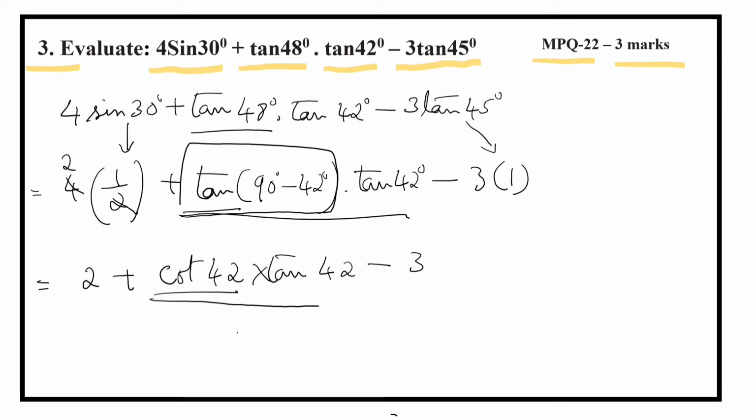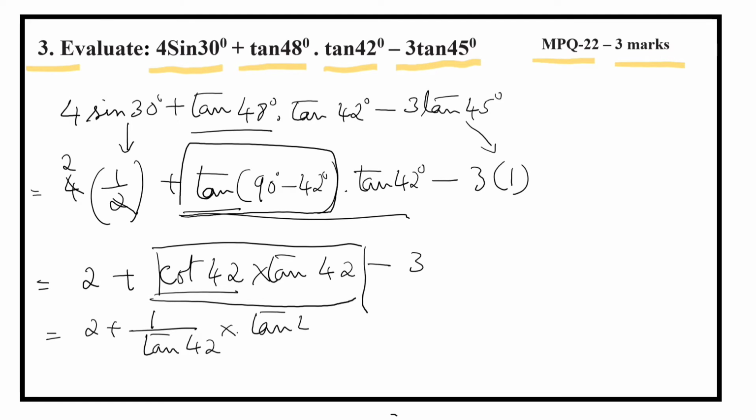Here you can observe that tan and cot are reciprocal ratios also. 1 by tan 42 into tan 42 minus 3. Here you can cancel this and this. So this is 1. 2 plus 1 minus 3. What is it? 0. So the answer is 0.